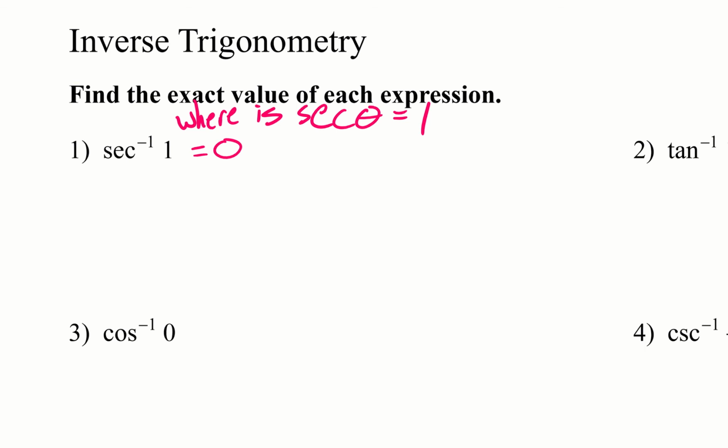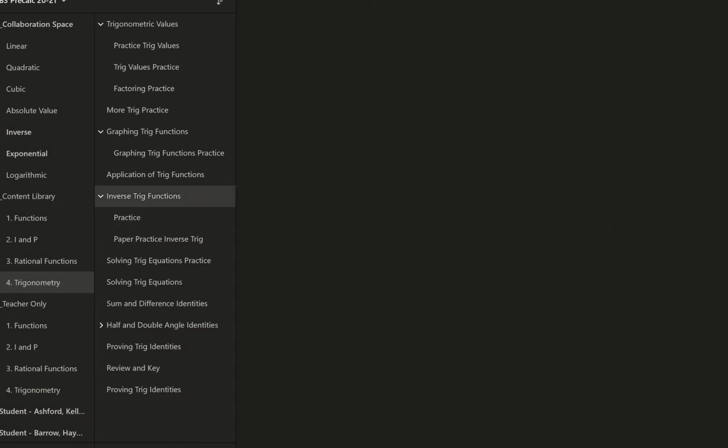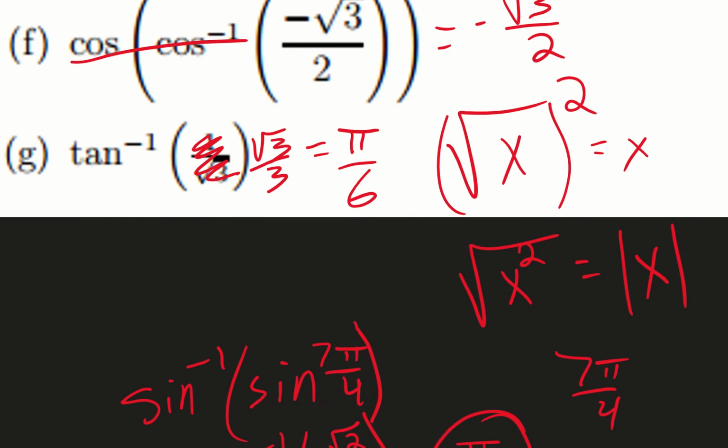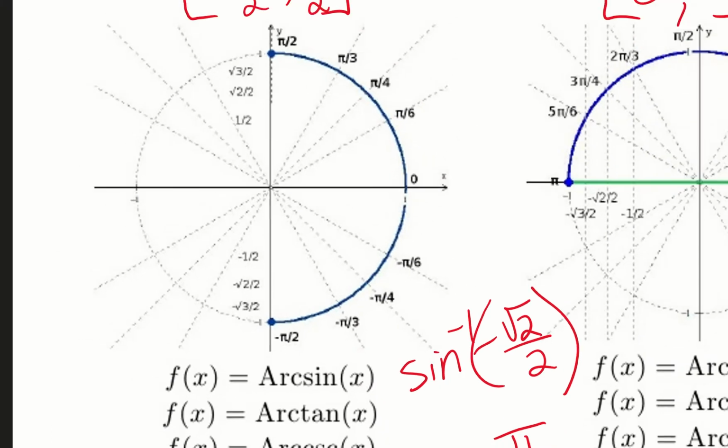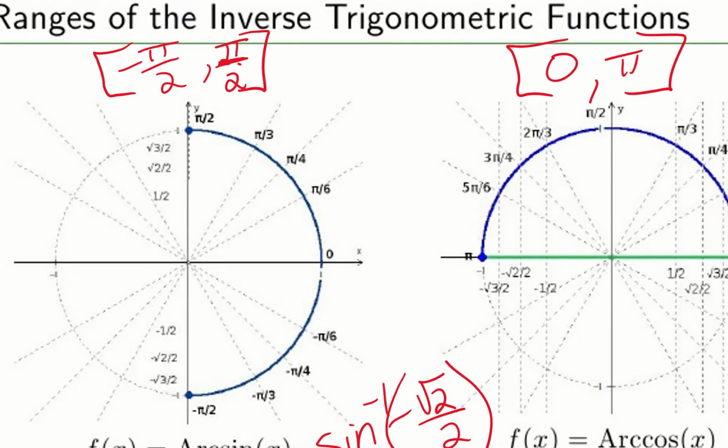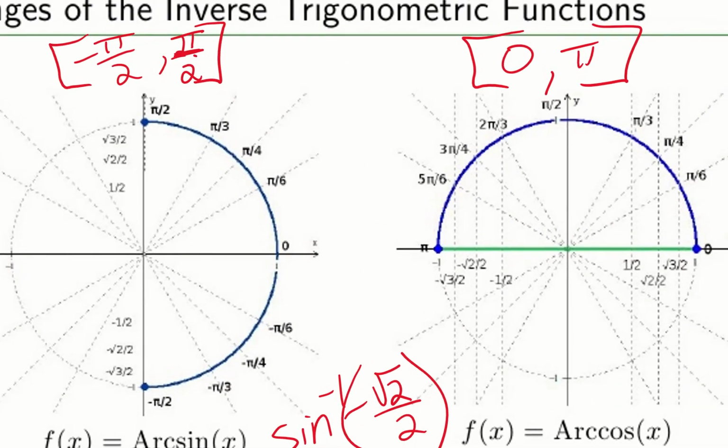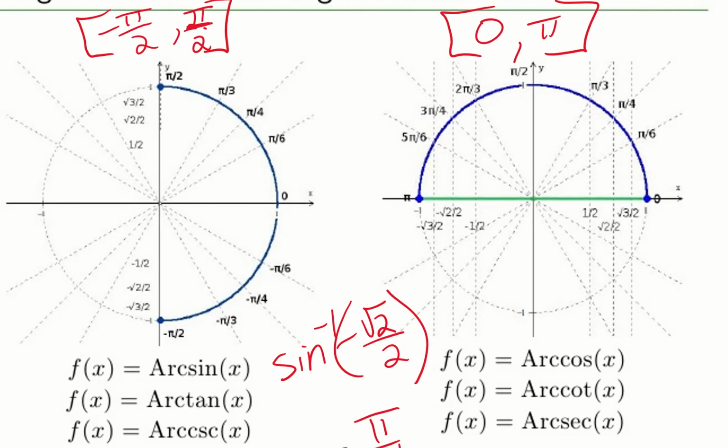And the thing is, we need to take a look at where our functions are able to be taken in inverse of. So for our functions, sine, tangent, and cosecant, we are using the values negative pi over 2 to positive pi over 2.